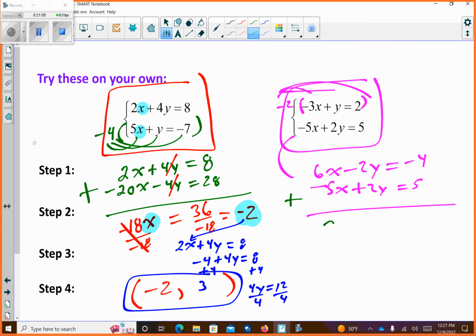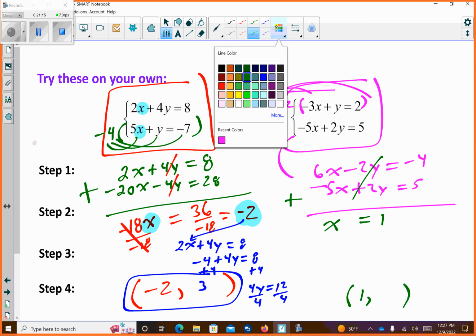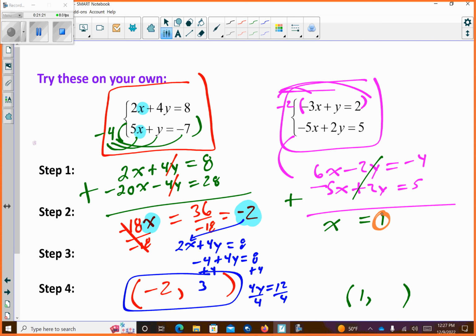Look at this, x equals 1. Oh, sweet, best day ever. So I get 1 comma something. All right. X equals 1, you plug in. Let's do orange. All right, so this is going to go either here or here. What do you want, top or bottom? Bottom? Okay.